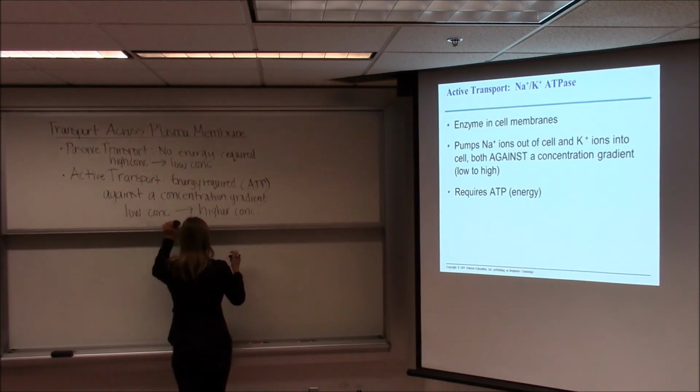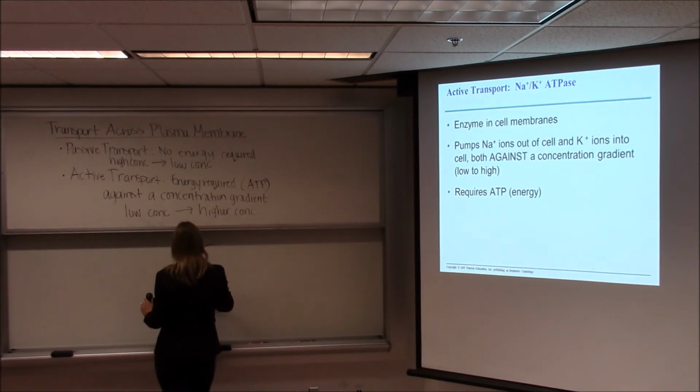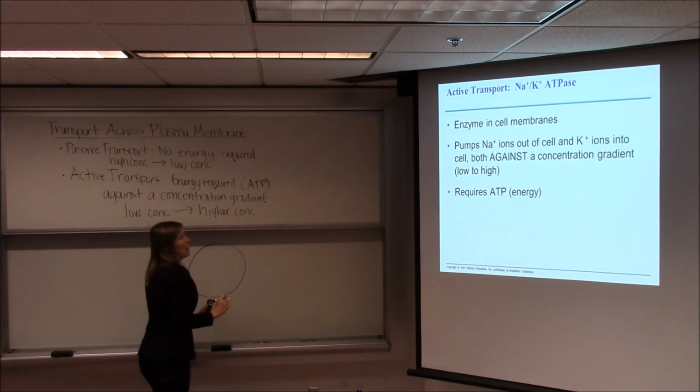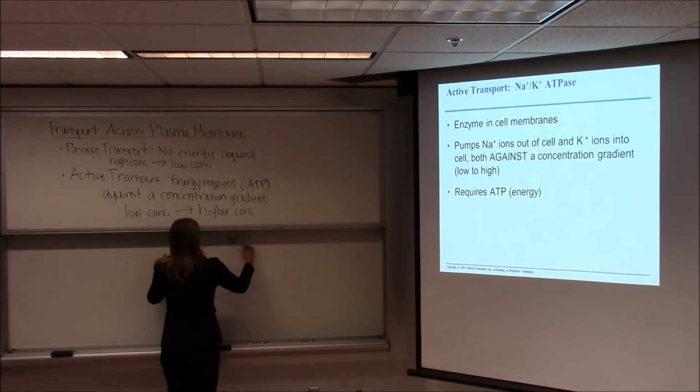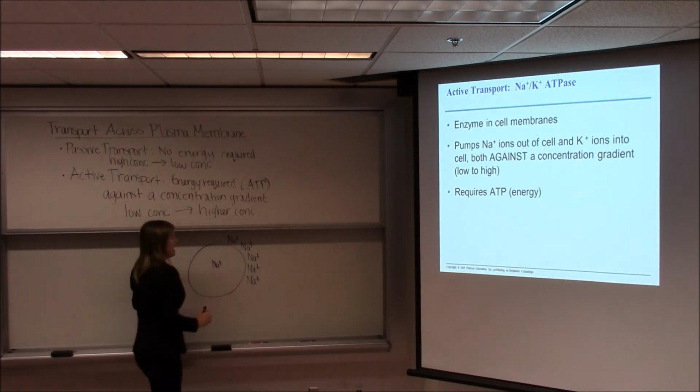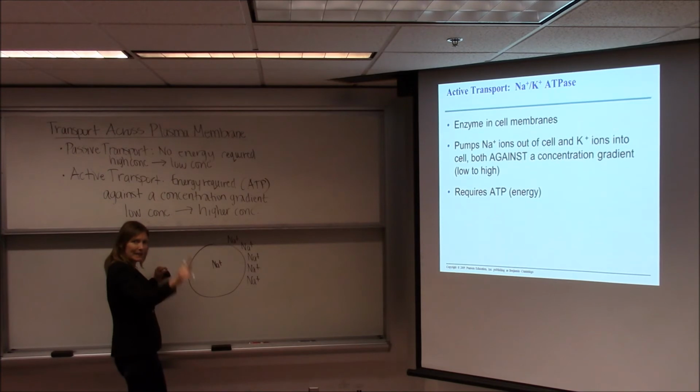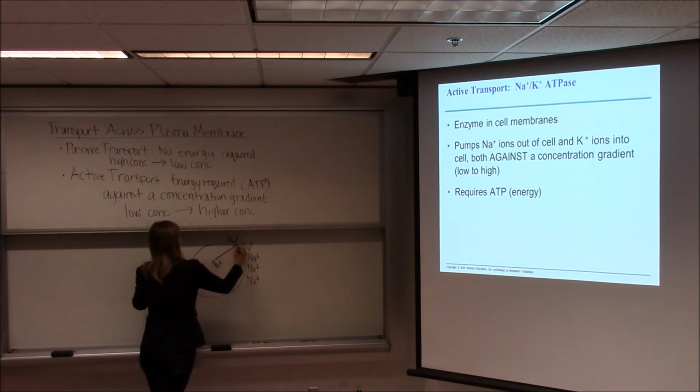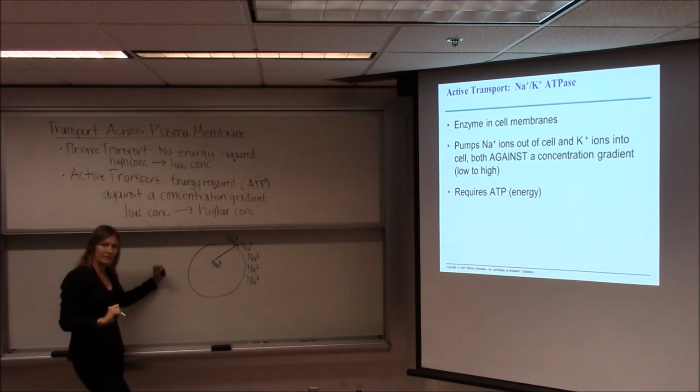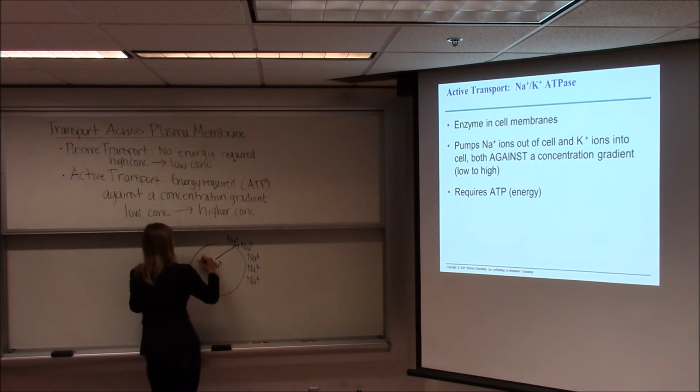So what that's saying, in very simple terms, is if it's pumping sodium out of the cell against a concentration gradient, there's already a lot of sodium ions out here, outside the cell. If we just had one more left and we wanted to get it out of the cell, that is going to require energy, because that is going from low to high.